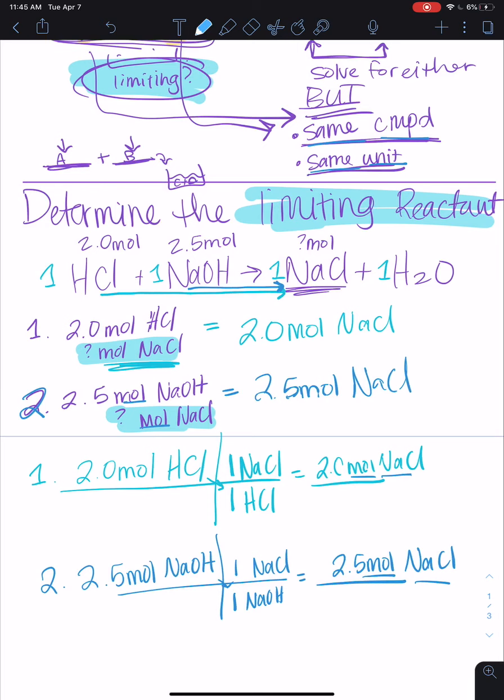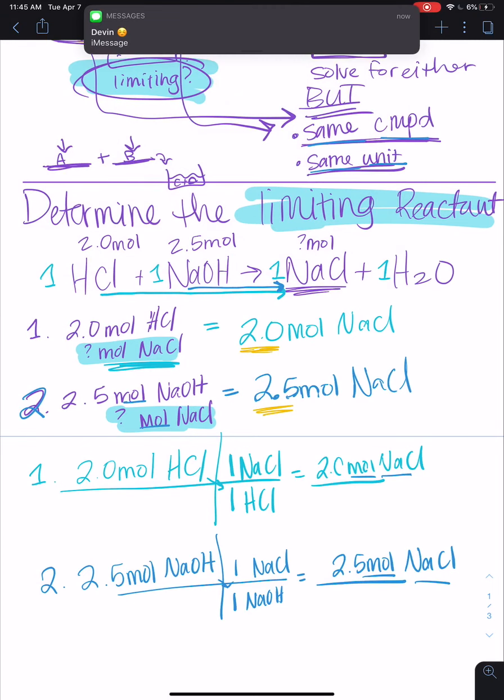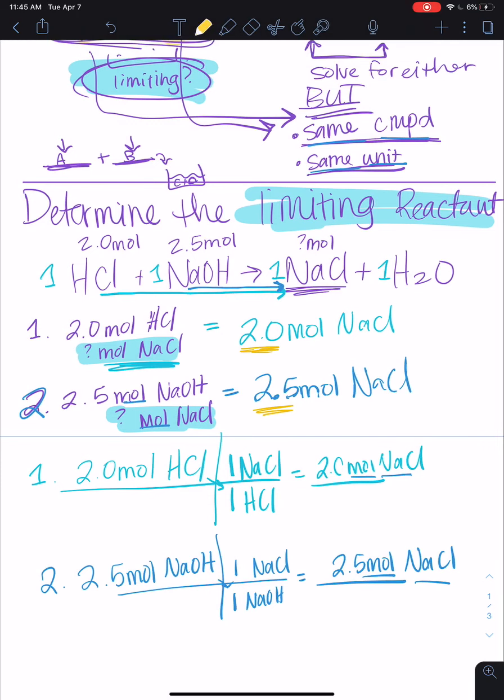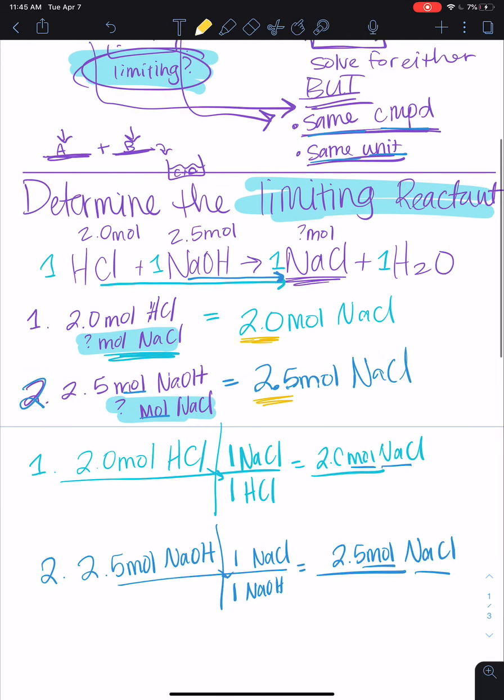So basically, I can compare 2 moles of NaCl with 2.5 moles of NaCl. 2 moles of HCl gave me 2 moles of NaCl, and 2.5 moles of NaOH gave me 2.5 moles of NaCl. The lower number is 2.0 moles of product.